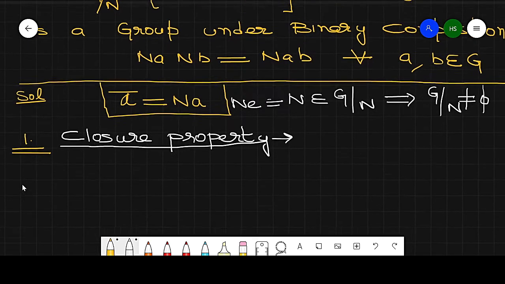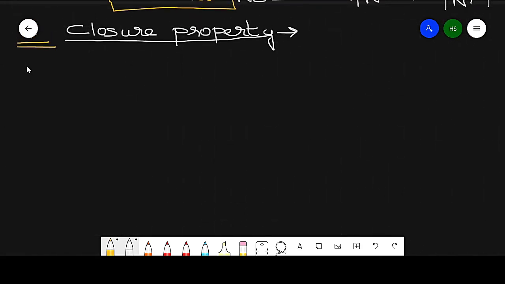So we will take two elements from this set. I will take either a bar and b bar, or also Na, Nb.